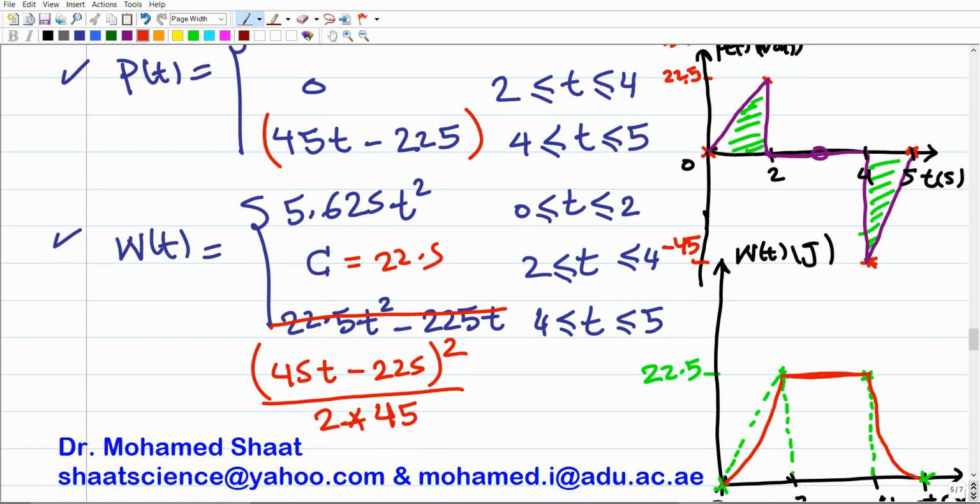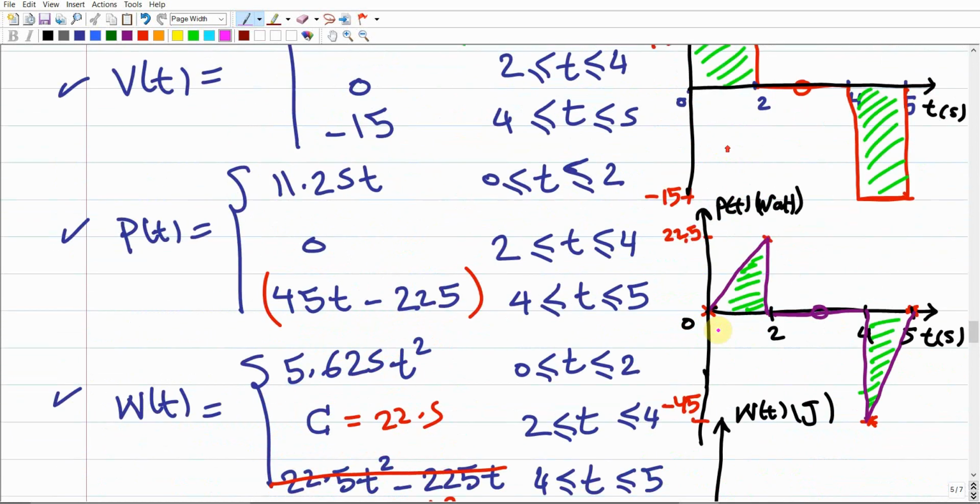The other option, as I mentioned, is just to use the expression 1/2 I squared times L. Make sense? So we're going to end up here with the energy function, which should be plotted or represented as already given in this figure. Make sense? So this is for the energy and the three functions.